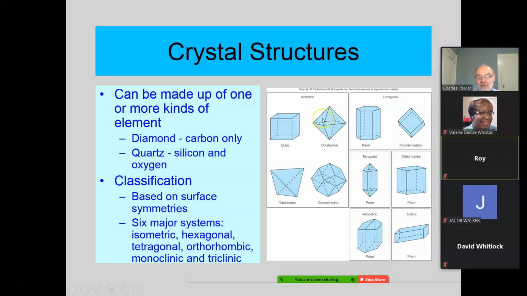Each of these is what they call an equilateral triangle, and so all the angles here are 60 degrees. Every one of those angles is 60 degrees, and 8 sides all equal in measure. That's the octahedron. A tetrahedron is a 4-sided figure.